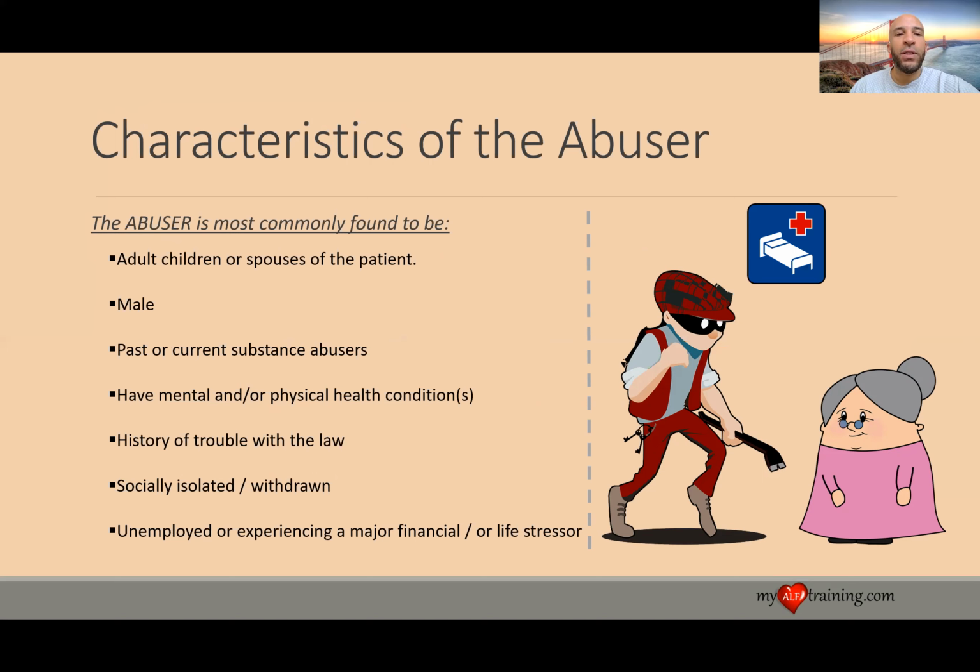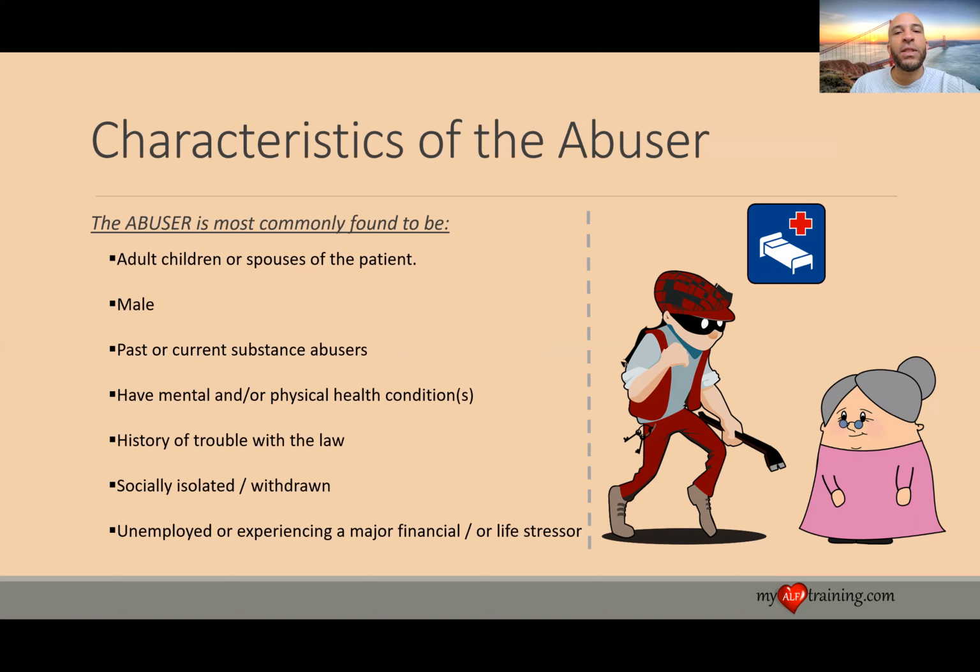What are the characteristics of the abuser? The abuser is most commonly found to be adult children or a spouse of the patient. So someone closest to them is likely to be the abuser. And that abuser is most likely male. So the abusee is likely female, the abuser is likely male.